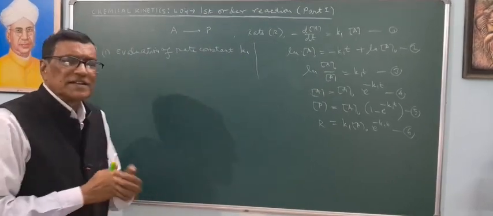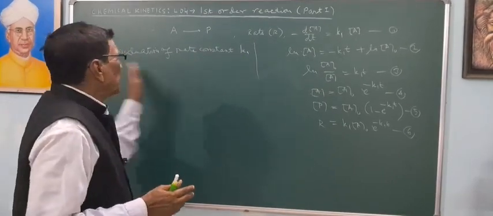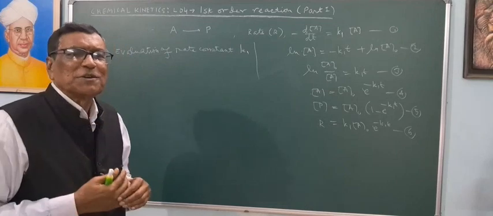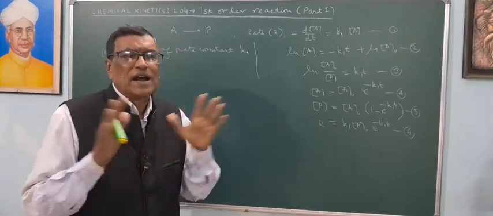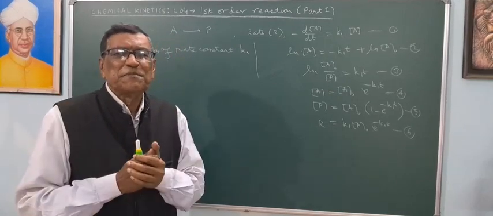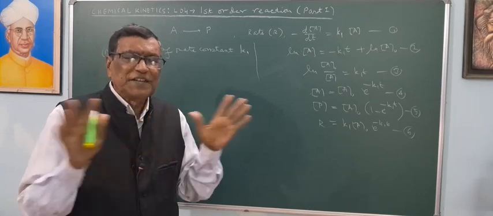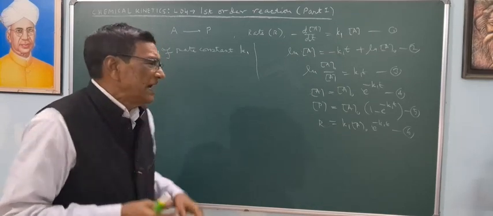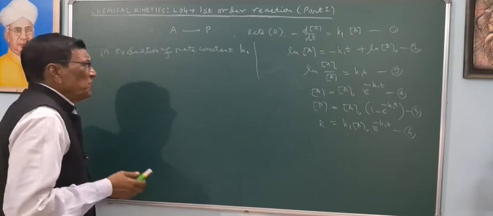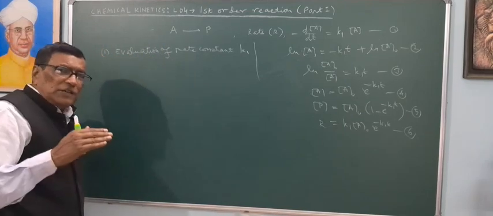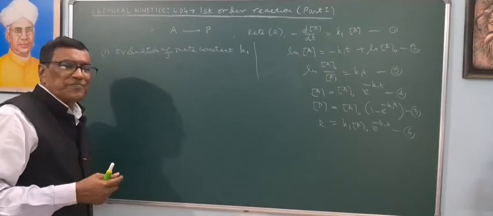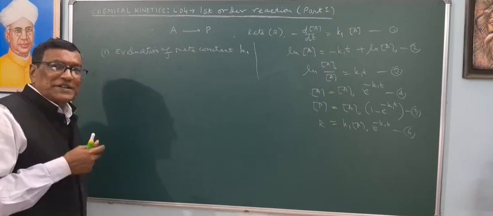Let us first evaluate how the rate constant of this reaction could be determined. And this is very important. The rate constant of a reaction is a very important parameter.